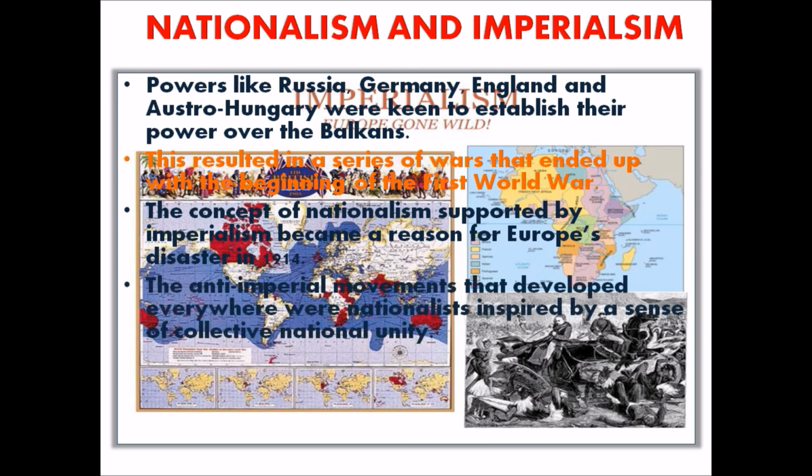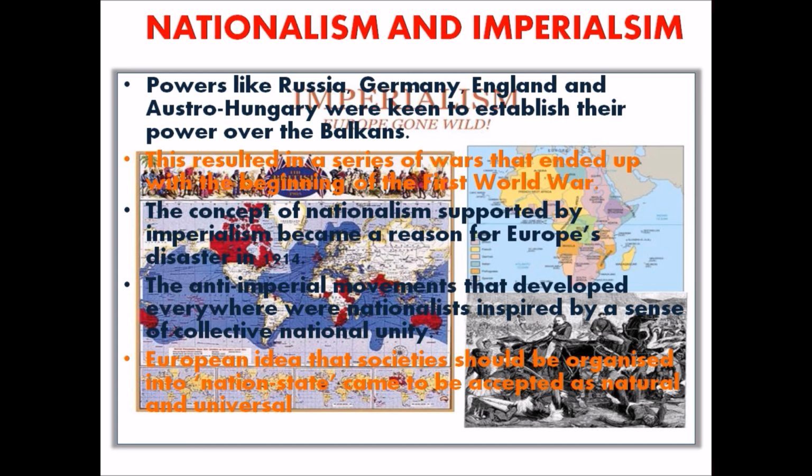The anti-imperial movements that developed everywhere were nationalist, inspired by a sense of collective national unity. The European idea that societies should be organized into nation states came to be accepted as natural and universal.